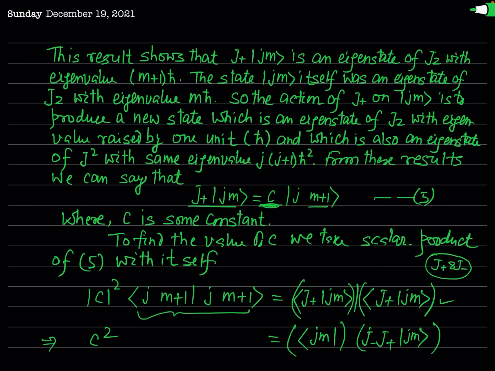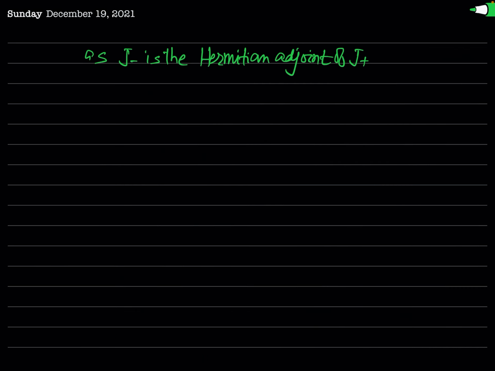So I have written this expression in this way. Now we will obtain this operator J minus J plus first of all by the commutation relation, and then we will solve it.